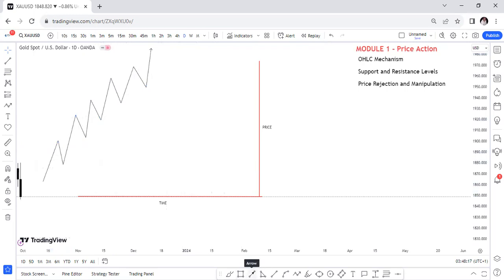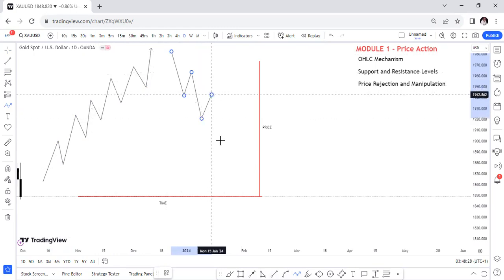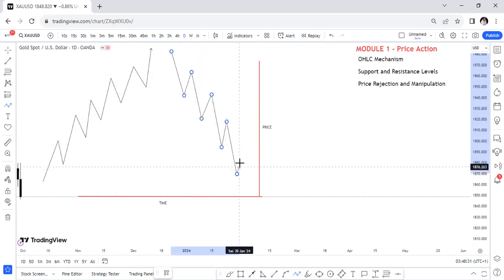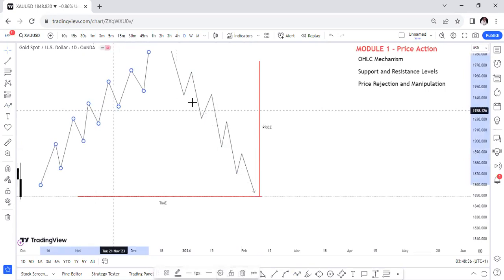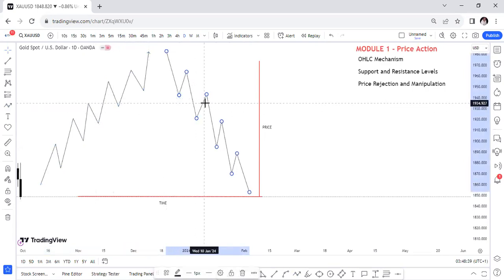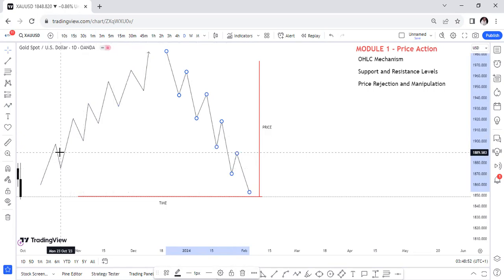For sellers, it means the falling down of market prices along the chart. So this is buying, this is selling. Selling is price falling below the demand level, while buying is rising above the supply level.